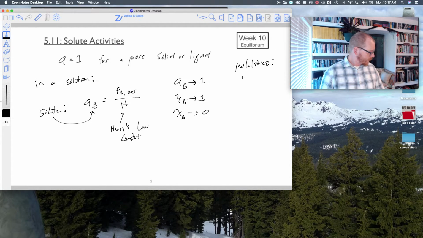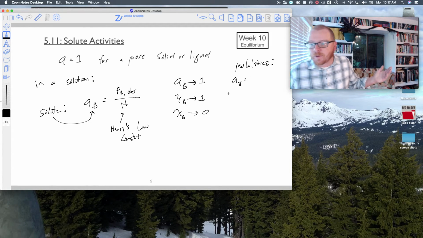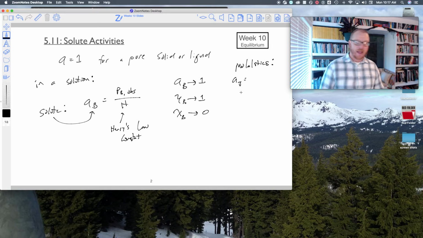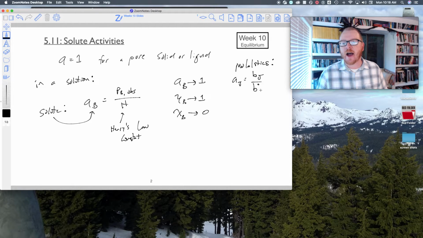I'll use a J to indicate chemical species J, and I'll use b for molality. That'll be the molality of species J divided by standard molality, where standard molality is exactly 1 mole per kilogram.